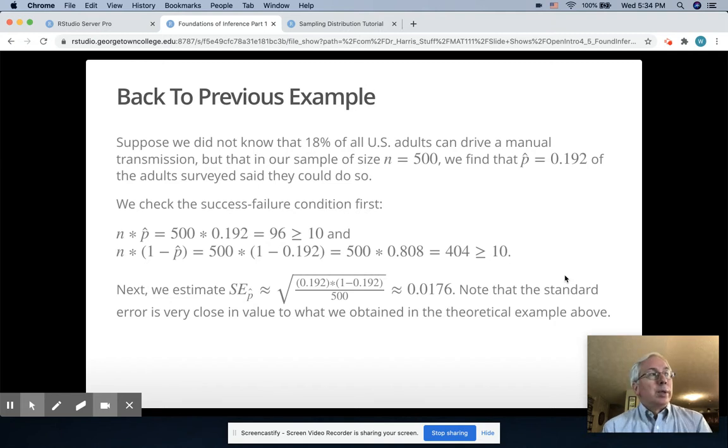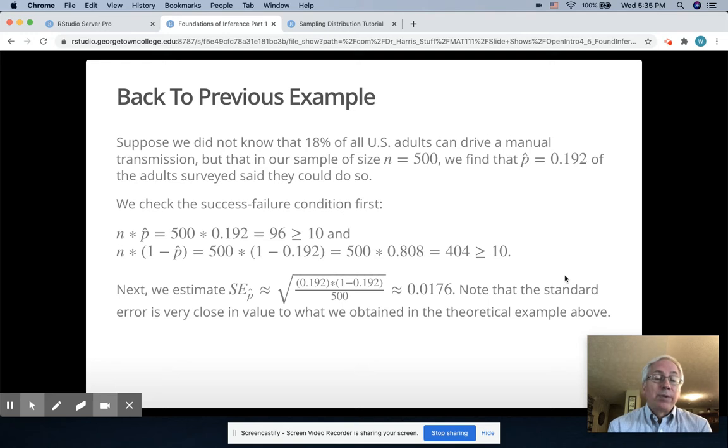So we would have to apply the success failure condition to our sample proportion p hat, and so we'll multiply n times p hat. That will give us 96, still bigger than or equal to 10. n times 1 minus 0.192 is going to be 404, also well greater than or equal to 10. So the success failure condition can be checked with a sample proportion as well as a population proportion. In fact, in reality, we're going to have to check it using the sample proportion.